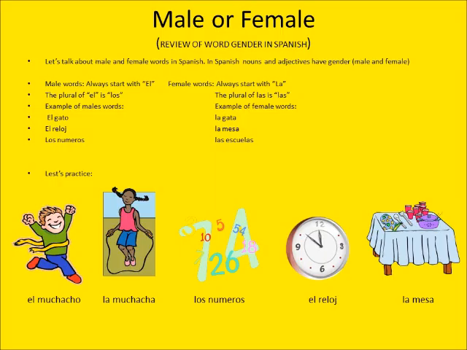So I made a little list over here. Let's start with the male list. We have the words el and los. They are male words, they are the articles, and in English it means the. Let's go down the list of the male words. You see the first word, el gato.